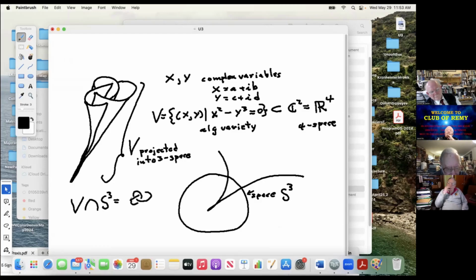So that means that the trefoil knot corresponds to the equation x squared minus y cubed equals 0, and that you'd be on a sphere, which means that the length of x squared plus the length of y squared is equal to 1.